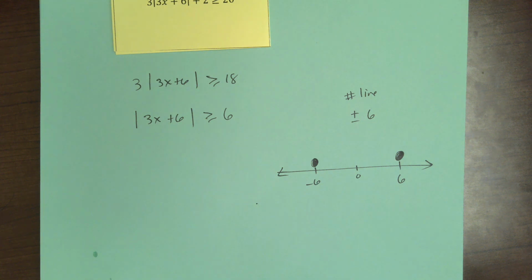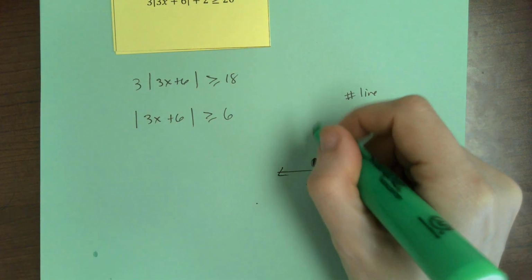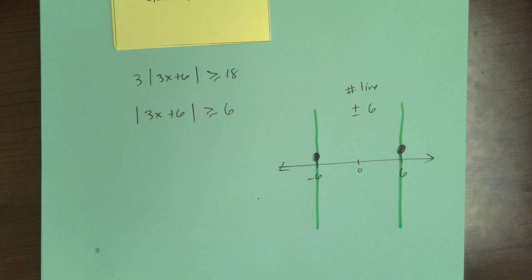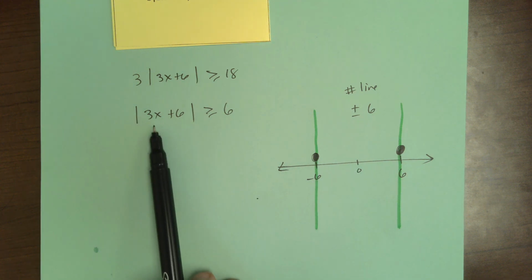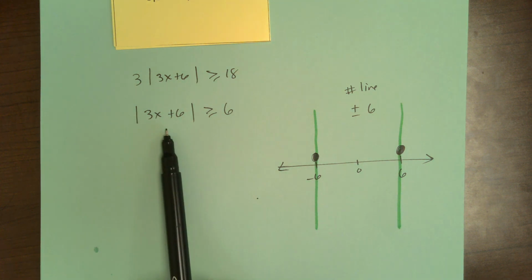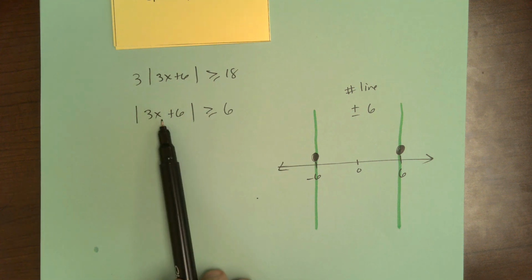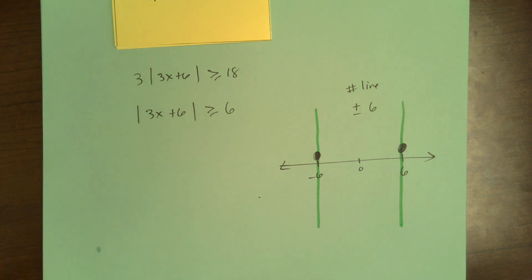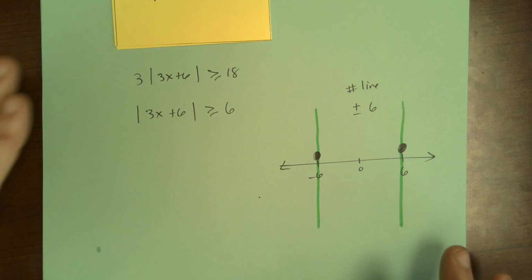Okay. Now guys, here is the thing. 3x minus 6. We're wanting to drop the bars. That's the idea. So what does this thing tell us here? Absolute value is greater than or equal to 6.